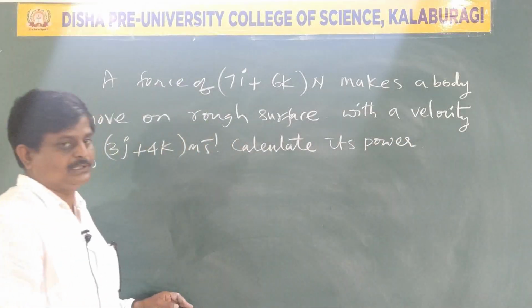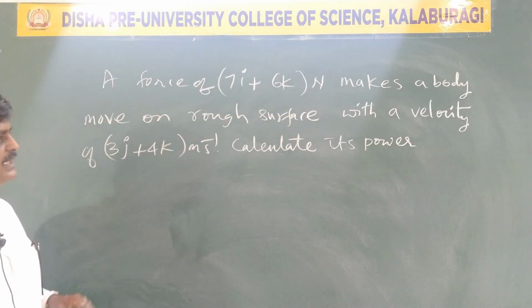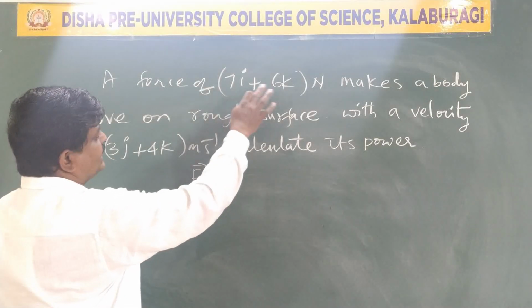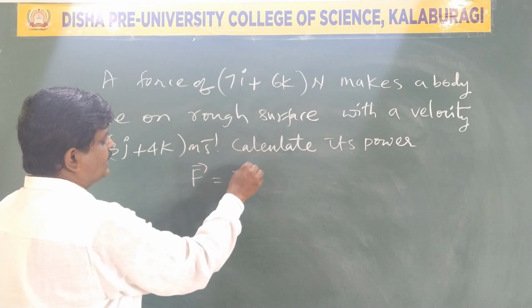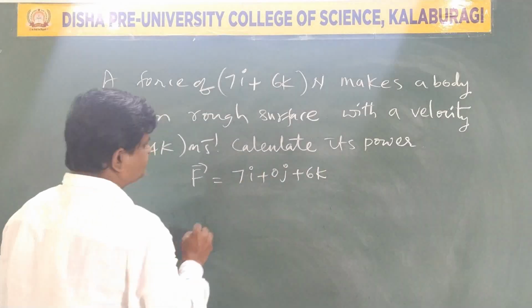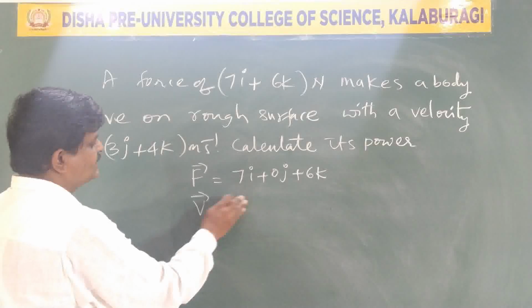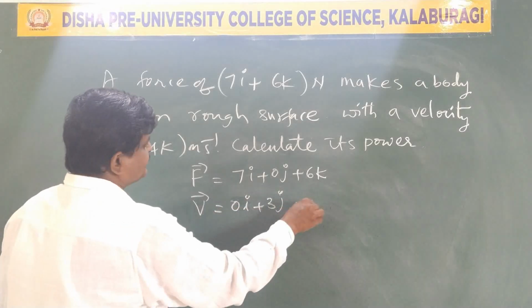Just see, two vectors were given. One is for force, the other is for velocity. What is the force vector given? 7i plus 6k. So 7i plus 0j, because j is not given, plus 6k. The velocity vector 3j means 0i plus 3j plus 4k.